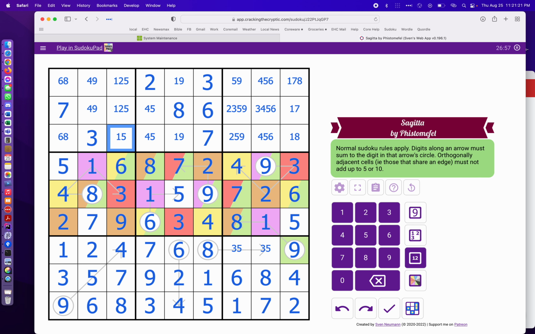Oh, this can't be a 2. 3, 5. 8, 6, 8. Oh, that's a 1.